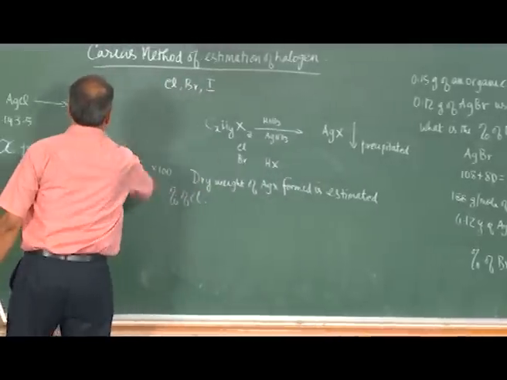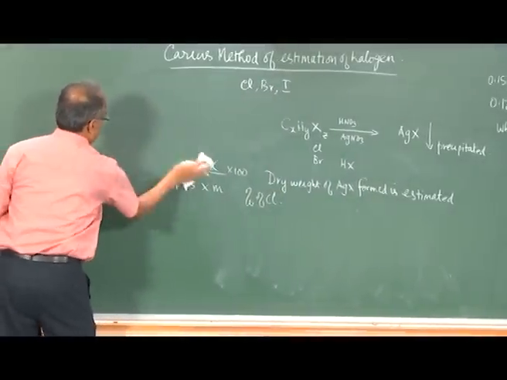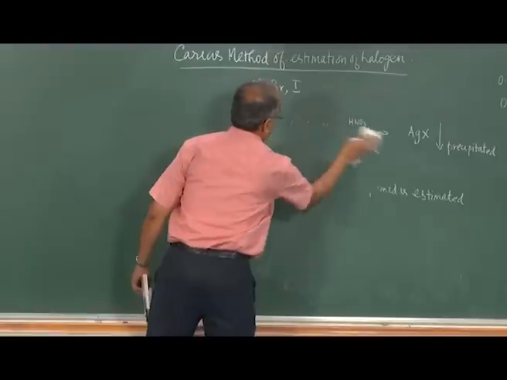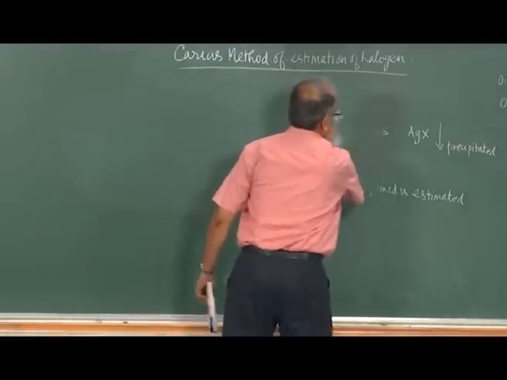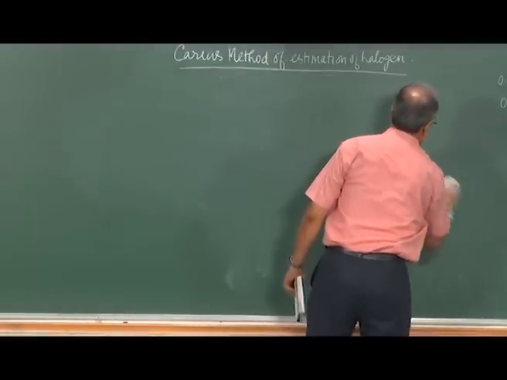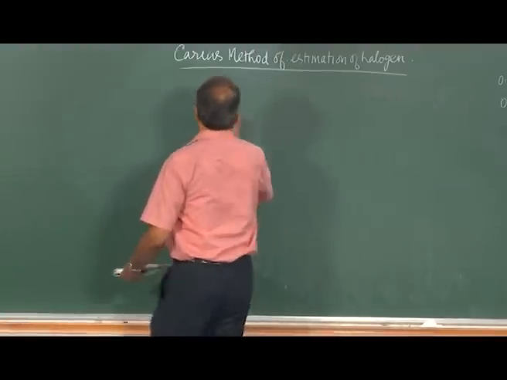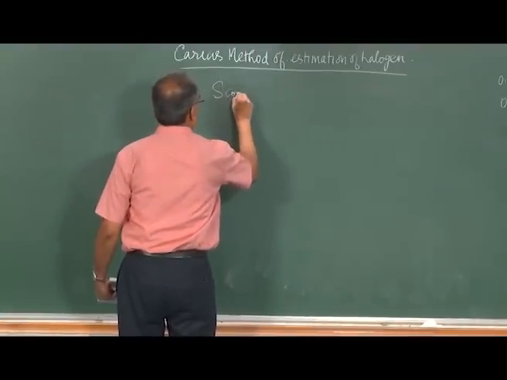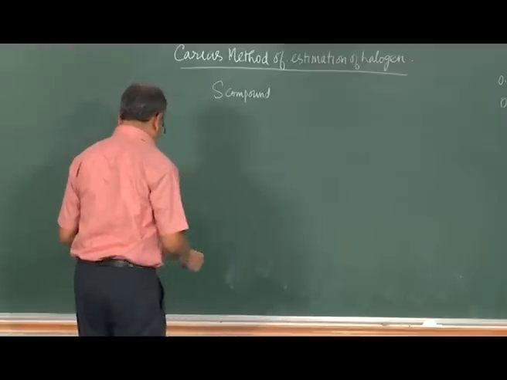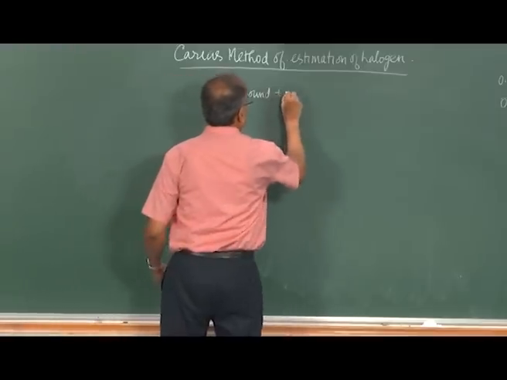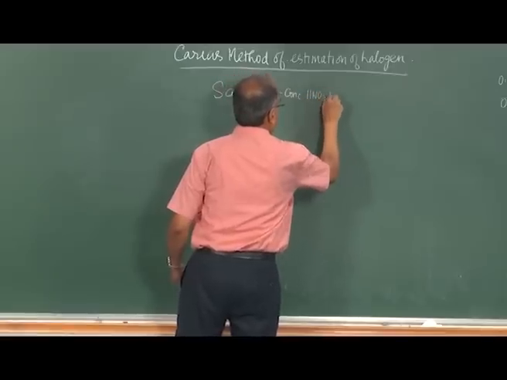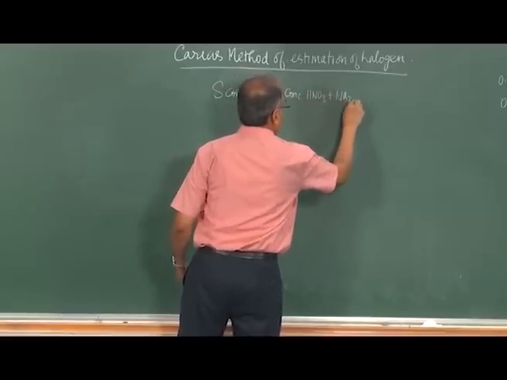Now, let us move on to sulphur estimation. Sulphur is estimated in the form of sulfate. So, the organic compound containing the sulphur has to be oxidized. So, a sulphur compound is treated with concentrated nitric acid and sodium peroxide.